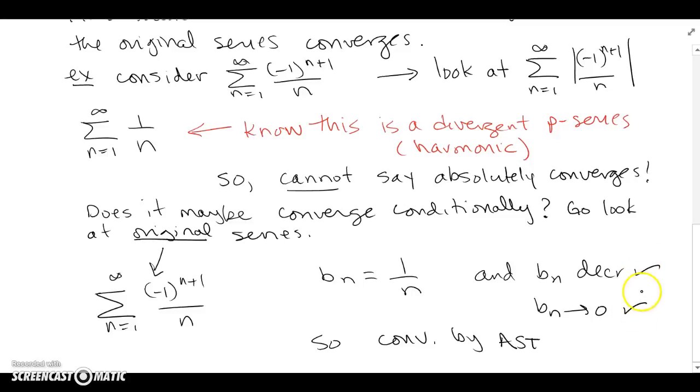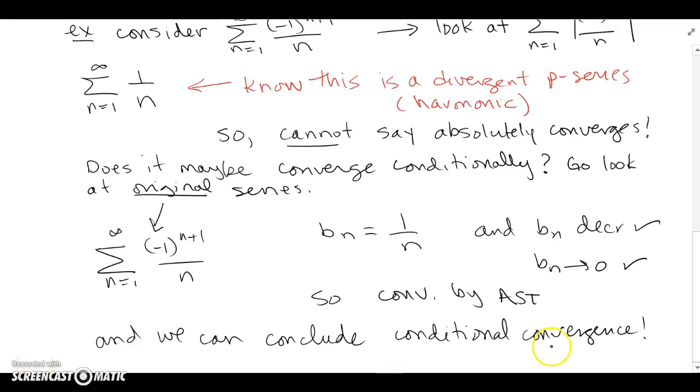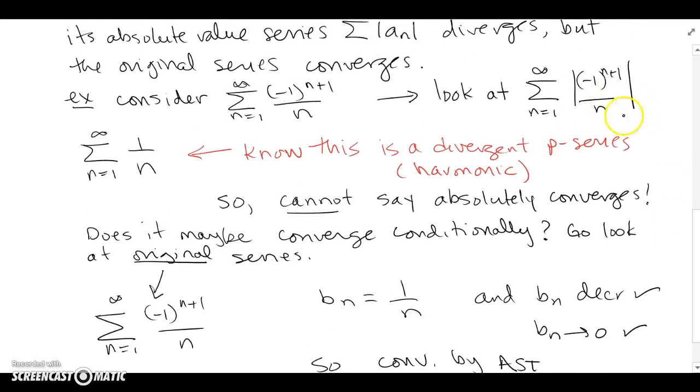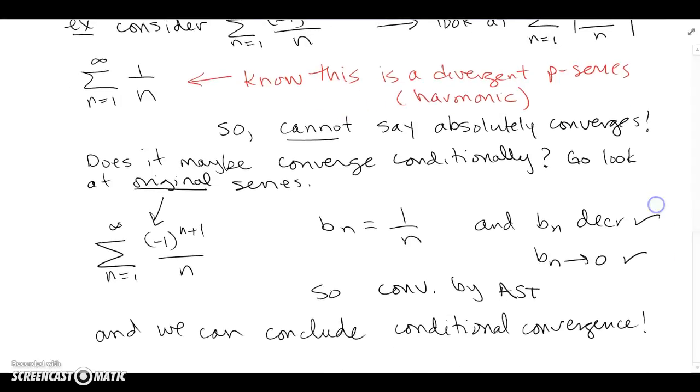So it satisfies both conditions of AST. Therefore, this original guy converges by AST. And we can conclude conditional convergence, because when we checked the absolute values, that series did not converge, but the original one converged, so it has conditional convergence.